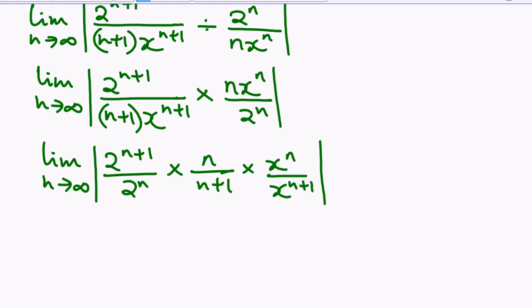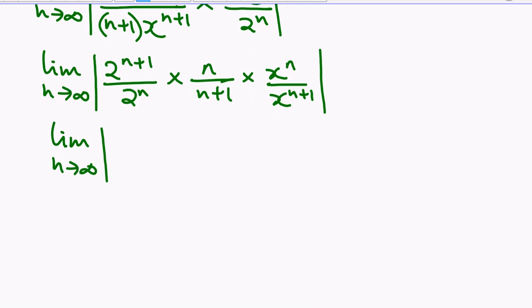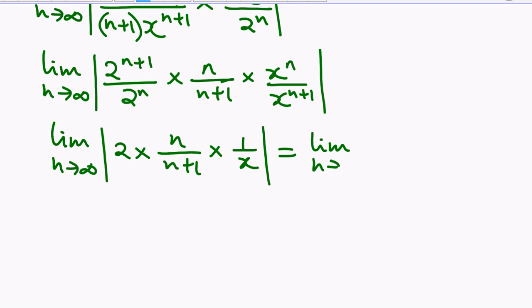Now this will simplify to 2 multiplied by n over n plus 1 multiplied by 1 over x, which will simplify to the limit as n approaches infinity of the absolute value of 2 over x multiplied by n over n plus 1.